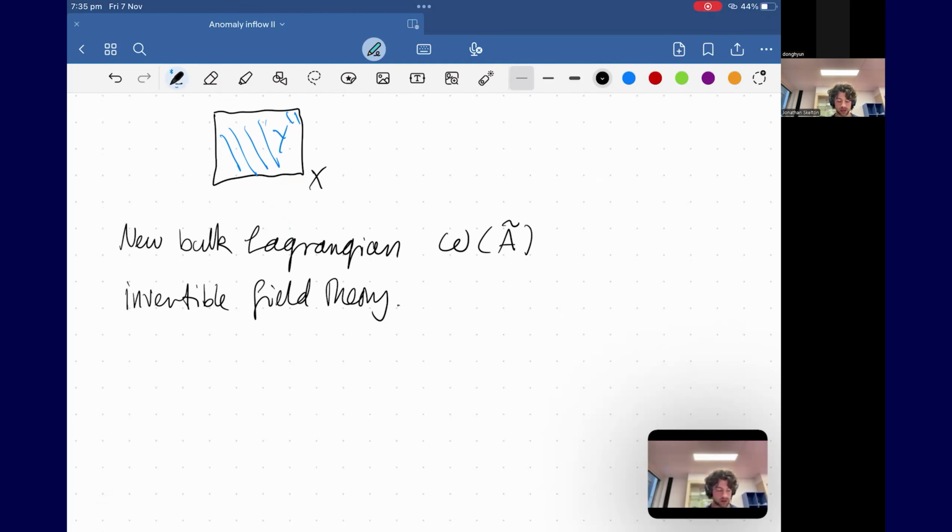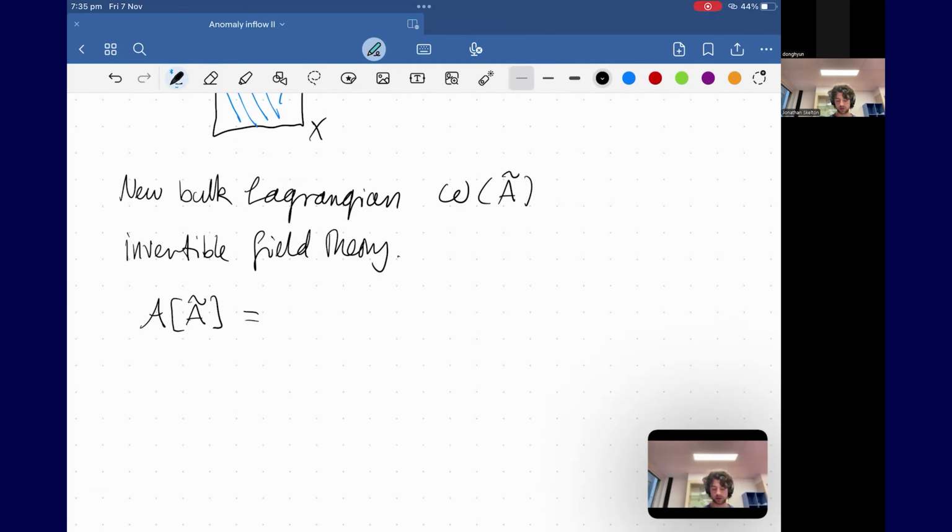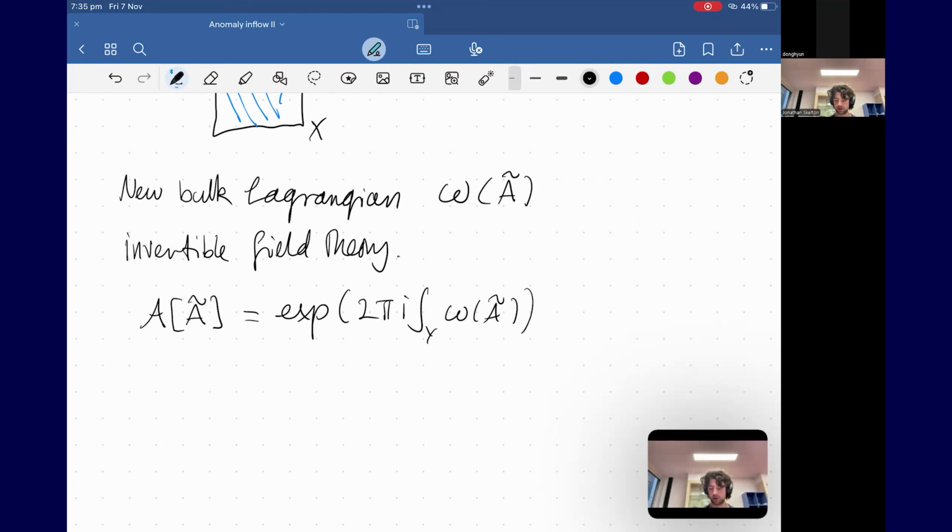So these have no dynamical fields. It's just going to, which is why we call it invertible, because we can just literally invert this exponential, and it's going to be 2 pi i y omega alpha. So this is kind of what we want. This is like the goal. We want to construct, or we want to have this.